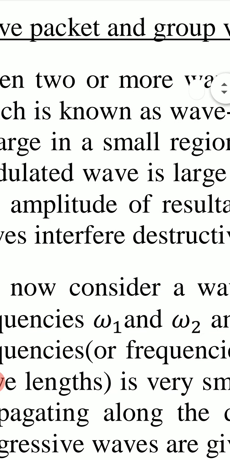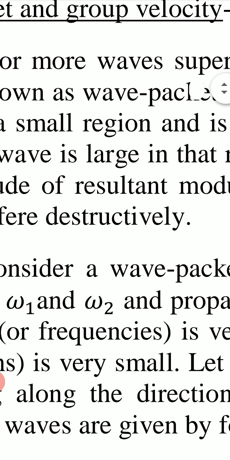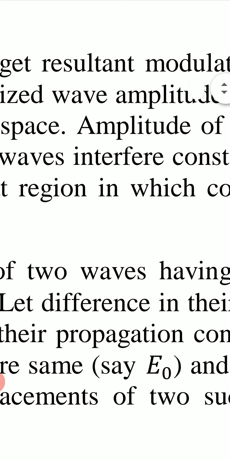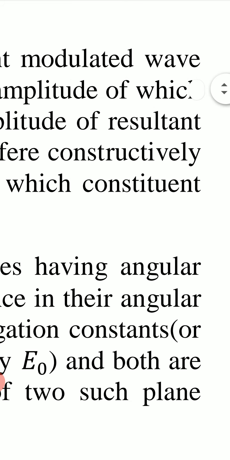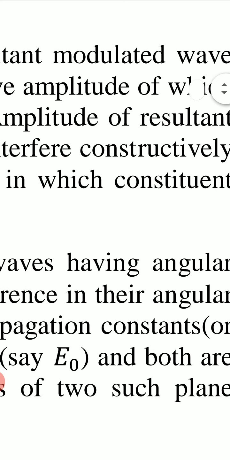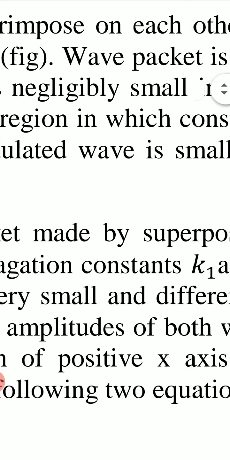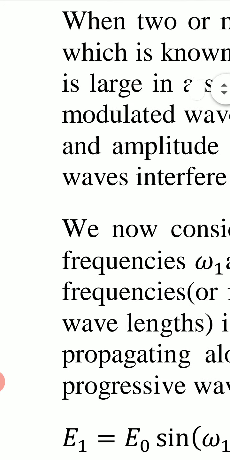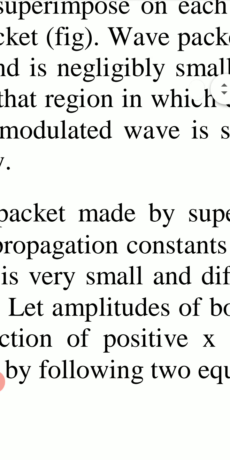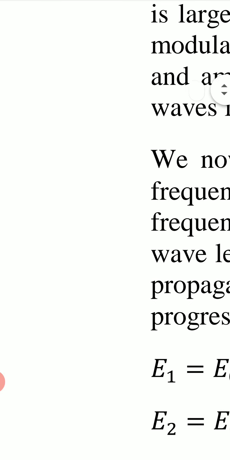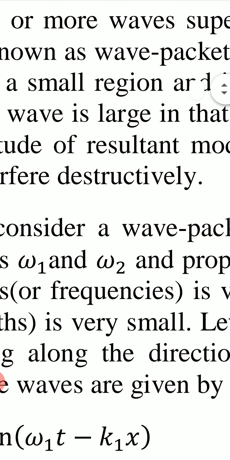The amplitude of the resultant modulated wave is large in that region in which constituent waves interfere constructively. If there is constructive interference, we find large amplitude, and the amplitude is small in the region in which constituent waves interfere destructively. For destructive interference, we find a small amplitude.